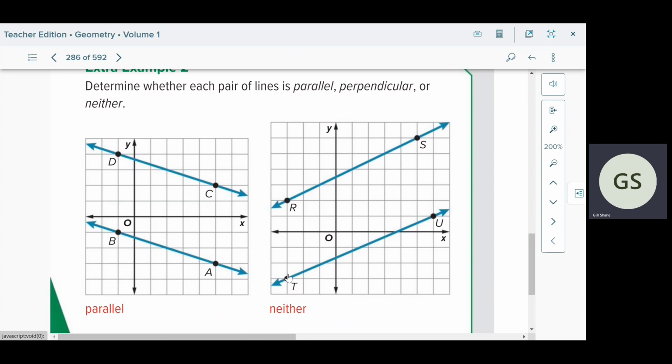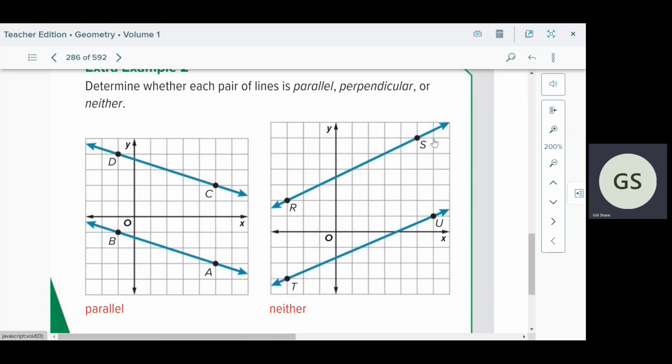That would be for the entire lines, anywhere between these two lines. If I go straight up, 1, 2, 3, 4, 5, if it's a distance of 5 right here, it should be a distance of 5 everywhere. So if I go here, 1, 2, 3, 4, 5, the line should be right there at the tip of that finger. It's not. So these lines are not parallel.